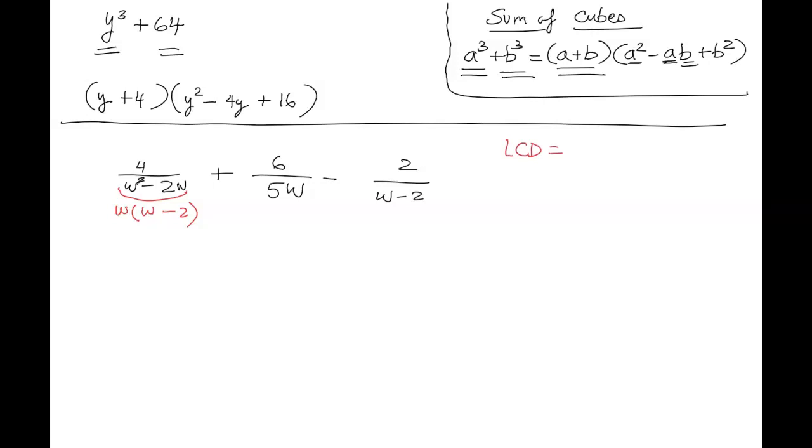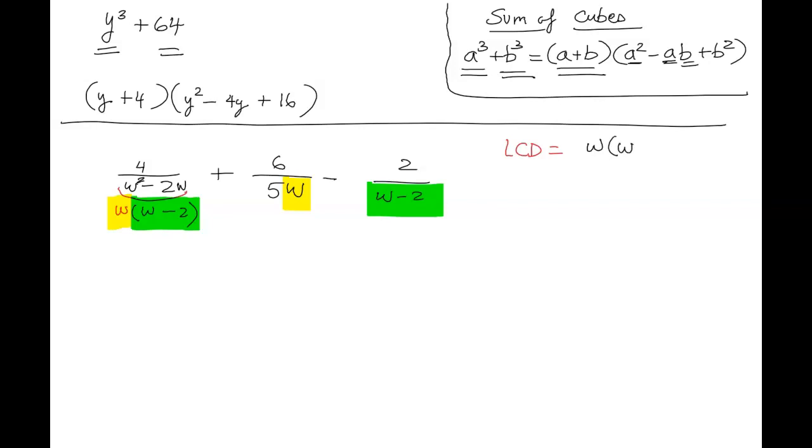What do they have in common? Okay, we have the w in common. The w here, w there. So it has to be part of the LCD. And we also have the w minus 2 and the w minus 2. So it has to be part of the LCD.